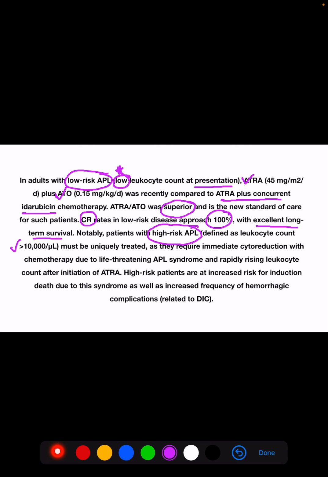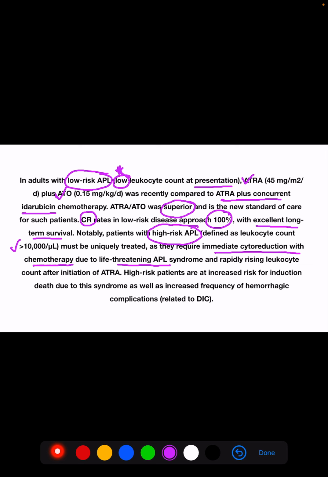They require immediate cytoreduction with chemotherapy due to life-threatening APL syndrome and rapidly rising leukocyte count after initiation of all-trans retinoic acid. So high risk acute promyelocytic leukemia means patients with a leukocyte count greater than 10,000 per microliter.